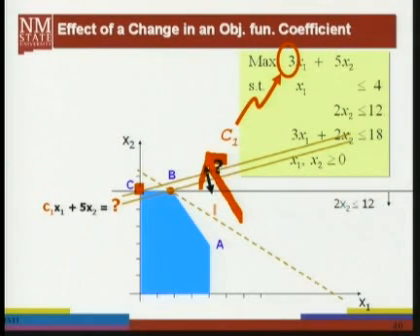So we may say that if a change in C1 causes the isovalue line to be steeper in positive direction than the plant number 2 constraint, which is this, then the optimal solution will change from the current optimal solution at point B to a new optimal solution at point C, right?